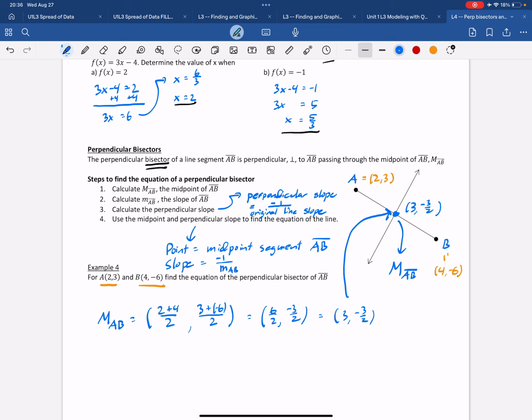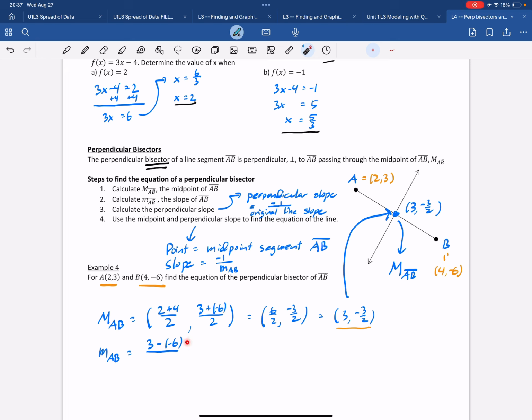We want the equation of a line, so we have the midpoint, but we need a slope. So let's find the slope of AB, and then we can take the negative reciprocal. The slope of AB is going to equal 3 minus negative 6, over the change in x.